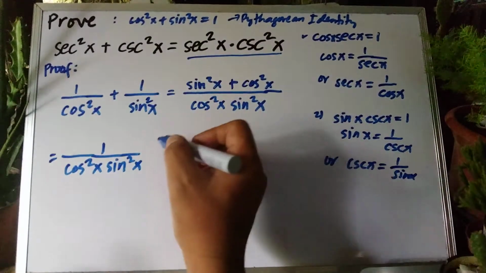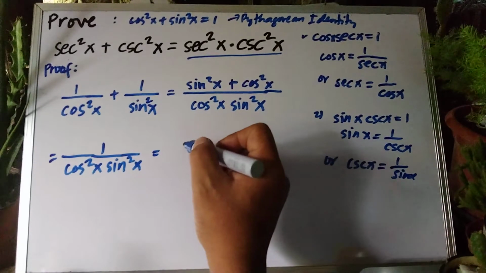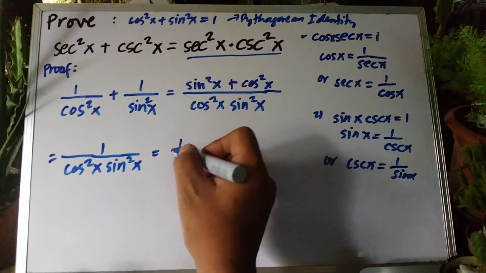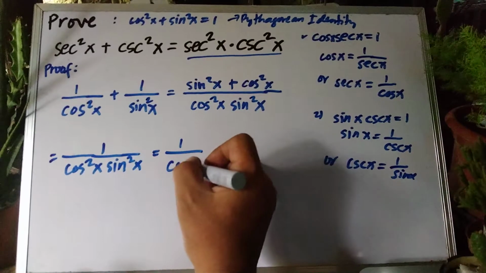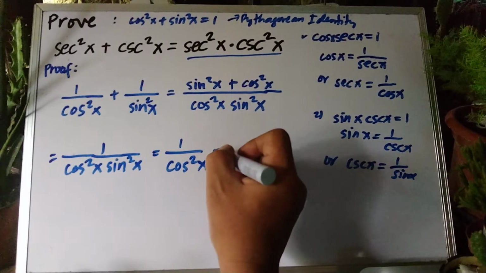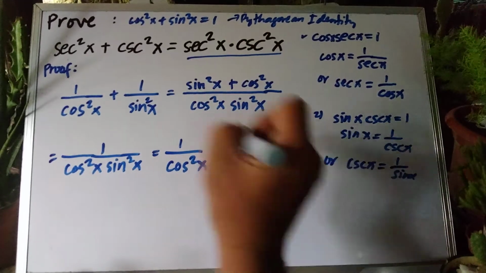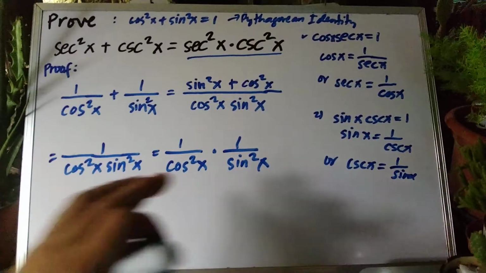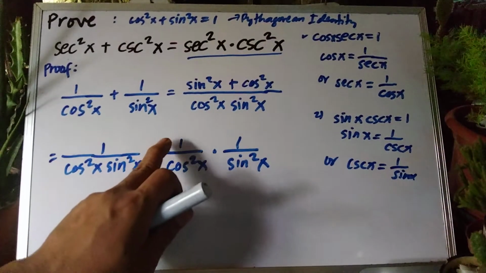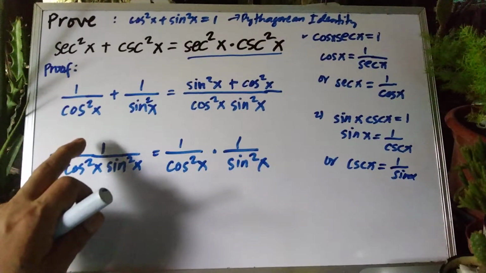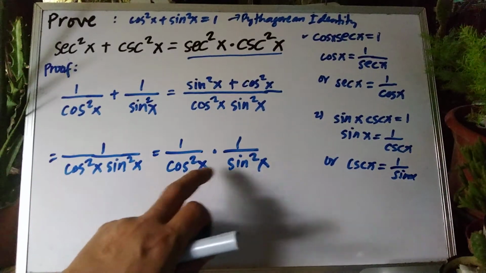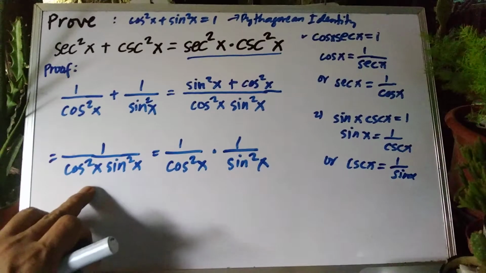Okay. So, therefore, we could have, isa-separate natin, 1 over cosine squared x times 1 over sine squared x. This is just equal, no? Because 1 times 1 is 1 over, i-multiply mo ito ang mangyayari.